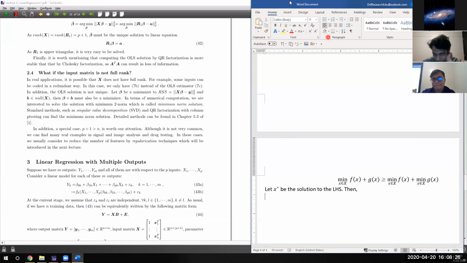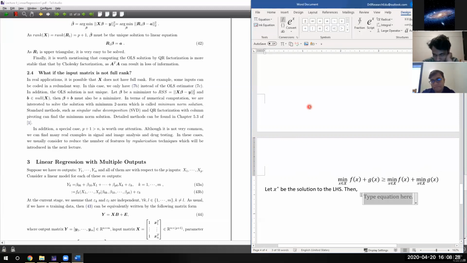Then you must have f(x star) greater than or equal to f star. And suppose x star is feasible, then g(x star) is greater than or equal to g star, and done.